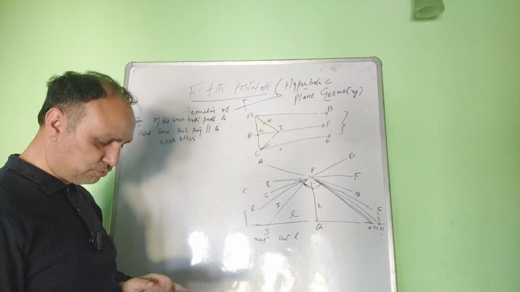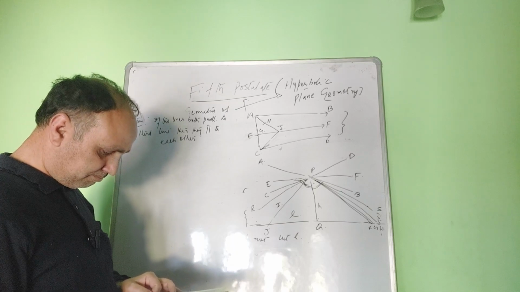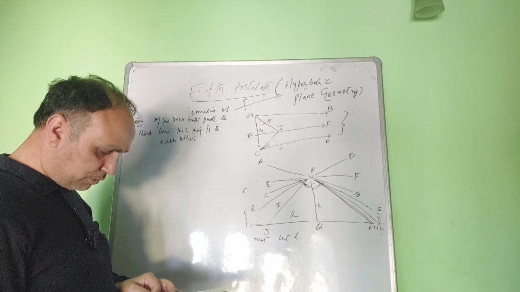Now we prove it by contradiction. We assume that AB is not parallel to CD.